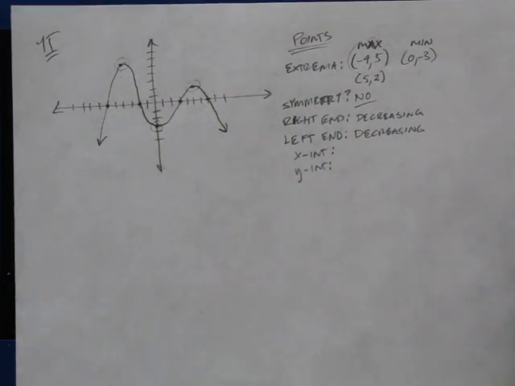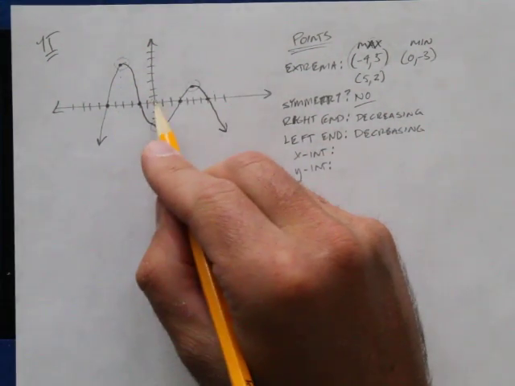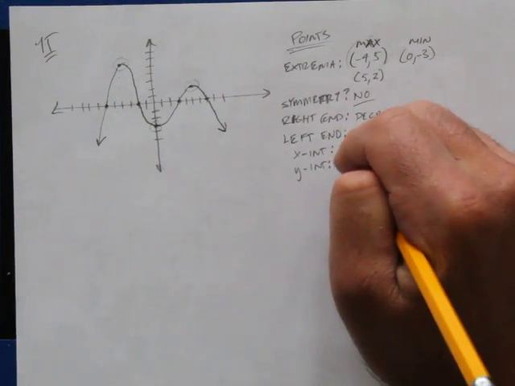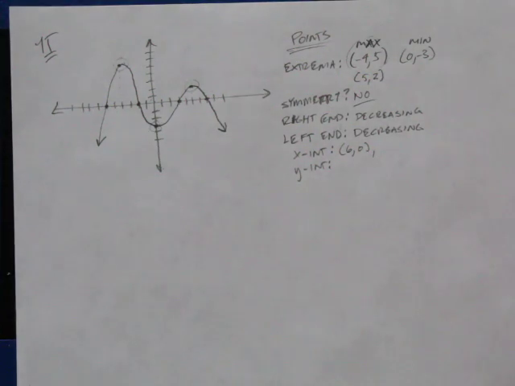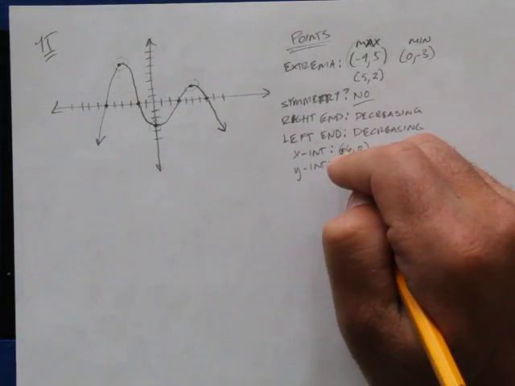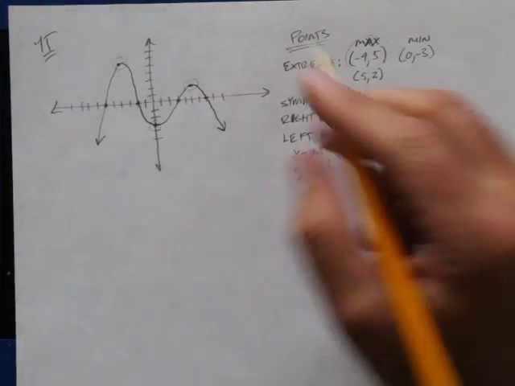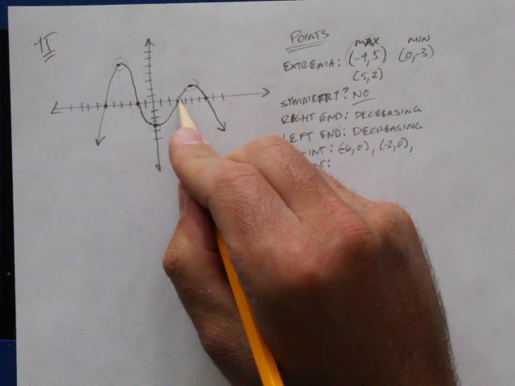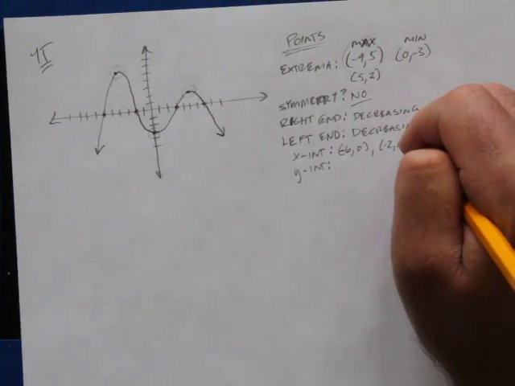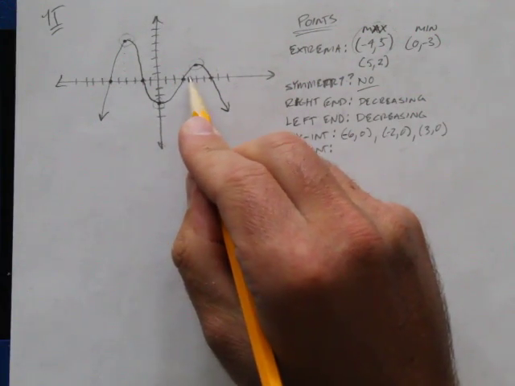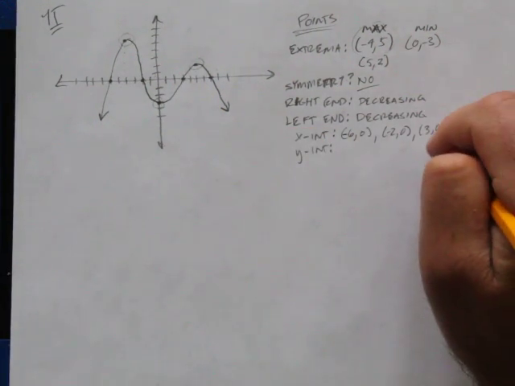X-intercepts, I got a bunch of x-intercepts. So I've got one at 1, 2, 3, 4, 5, 6, 6, 0. I've got one at -2, oh, not +6, -6, -2, 0. I've got another x-intercept here at 3, 0. And another one at 7, 0.